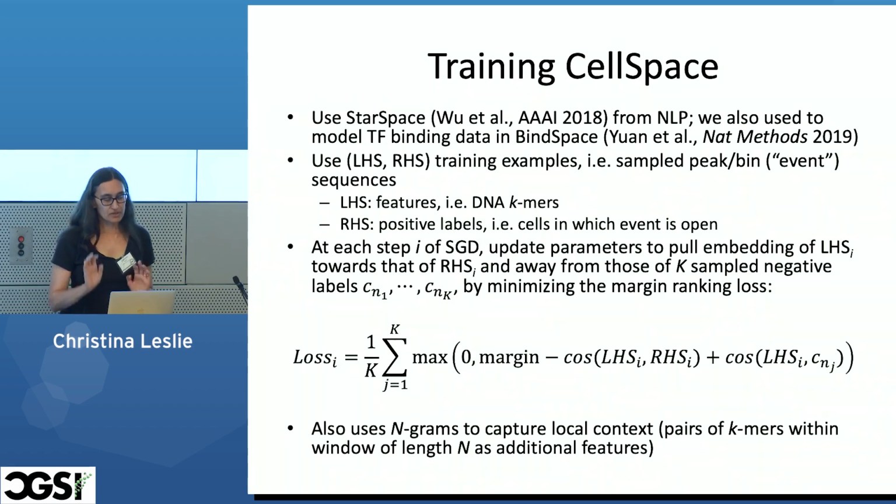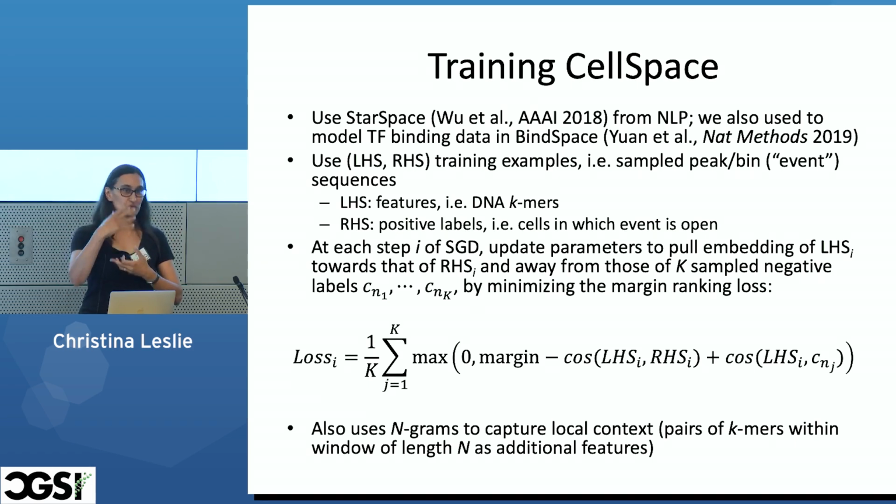All right, so for people who prefer the math to the verbal description, this algorithm is from CellSpace. It was originally designed by Facebook AI to embed tweets and hashtags into the same latent space.